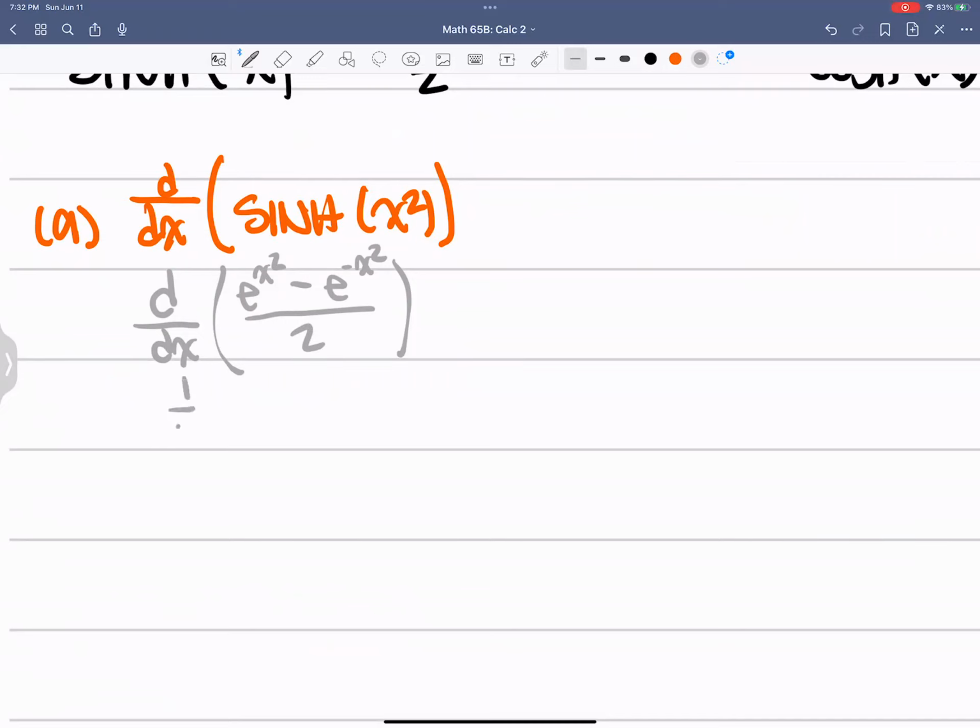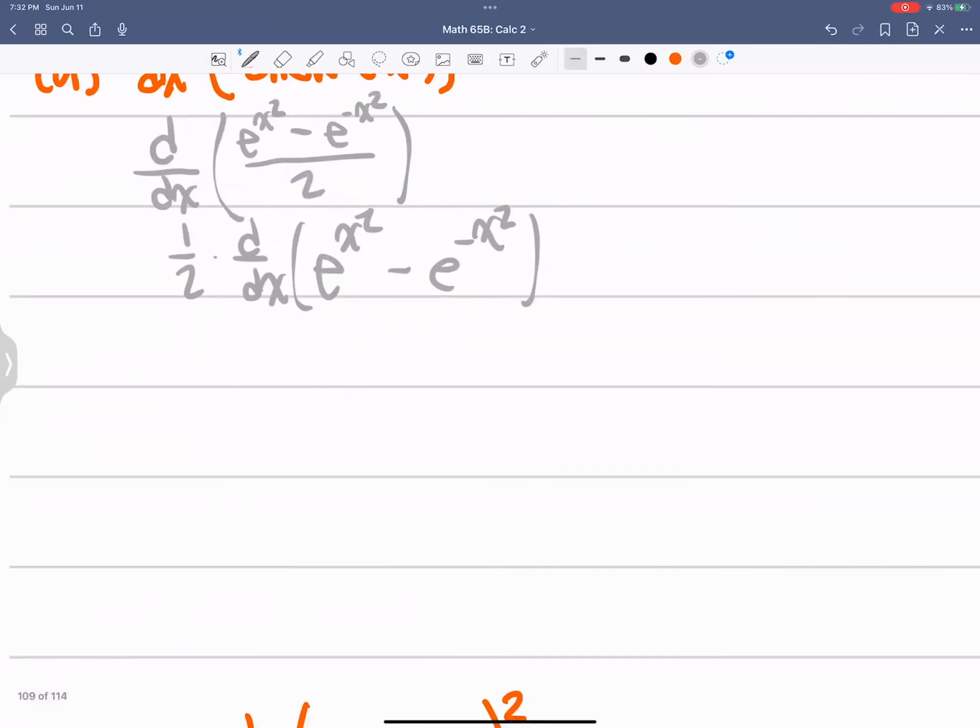So we'll say 1 over 2, and then differentiate with respect to x, e to the x squared minus e to the negative x squared. Okay, so 1 over 2, differentiating e to the x squared is going to be 2x e to the x squared, minus a negative 2x e to the negative x squared.